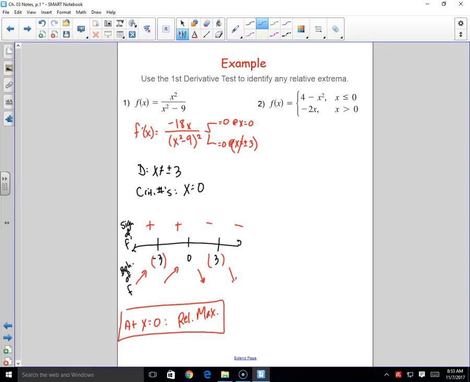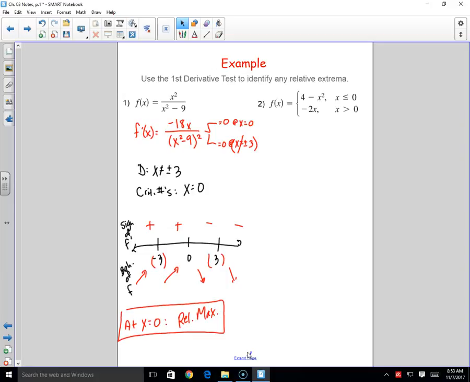I don't mind us stopping right there, but can we recap what we did today? We were able to take a function, no graph, and by checking the domain, taking the derivative and finding the critical numbers, we made a sign chart where we could analyze, with those discontinuities and critical numbers, the intervals where the function is increasing and decreasing, without seeing the graph at all.